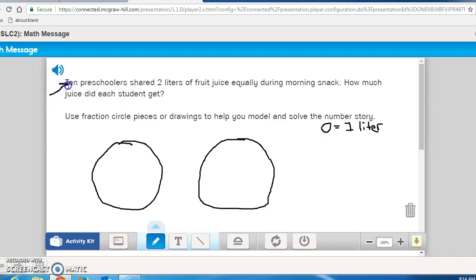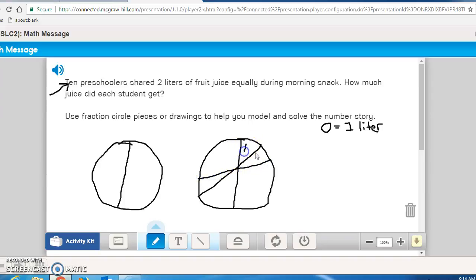Well, because it said I have 10 preschoolers who are sharing these 2 liters. So if I'm dividing it into 10, I'm going to first cut both of them in half. Then I'm going to cut them kind of kitty-cat corner. Remember I'm free-handing this, so these definitely won't be perfect.